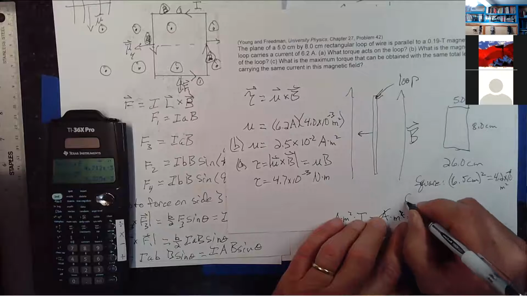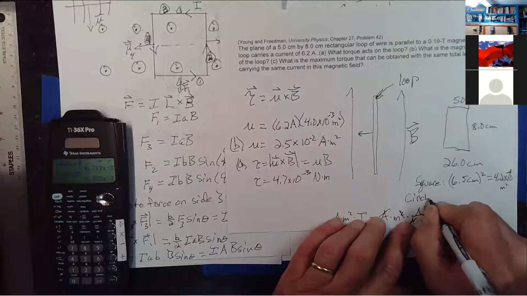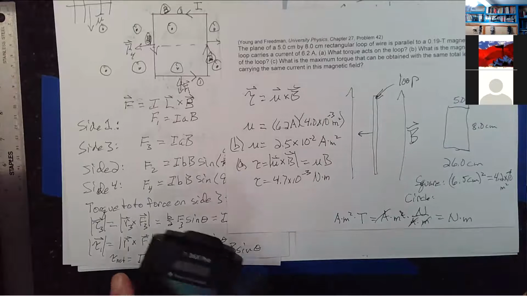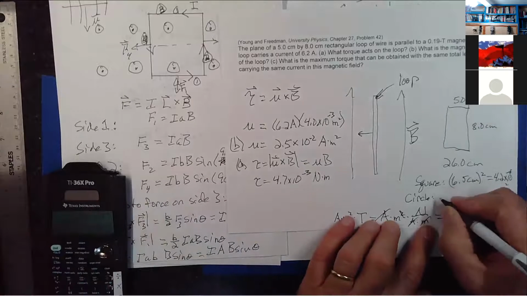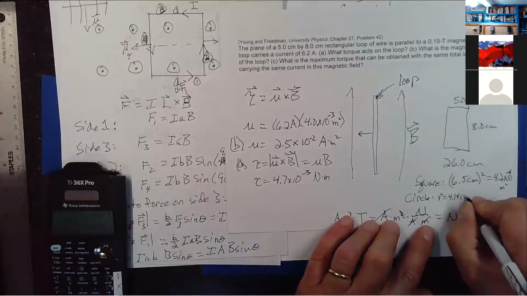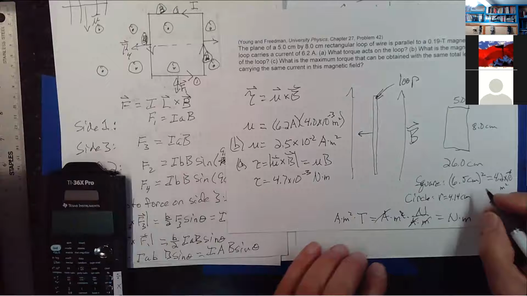But a circle, let's see, 26 centimeters is the circumference. I'd get a radius of 4.14. And I'm going to leave all the significant figures in here.